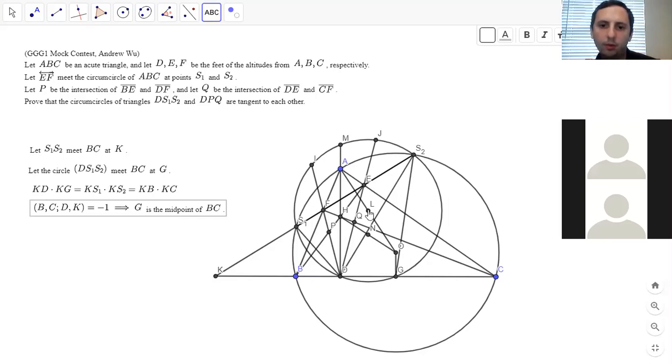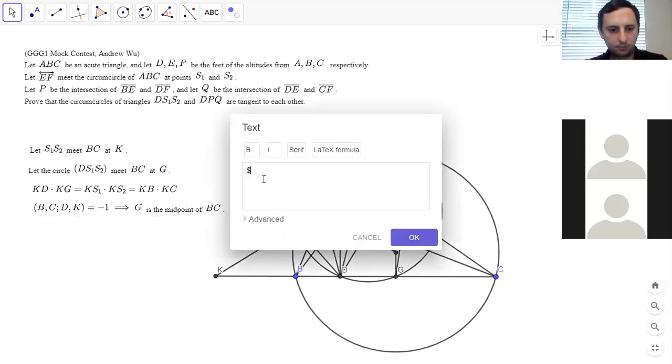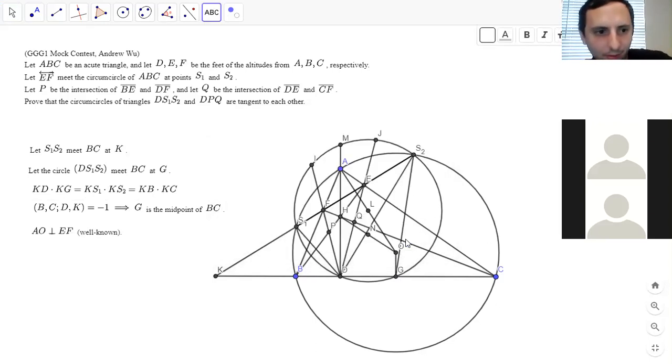So AO is perpendicular to EF, that's well known, and then AS1 equals AS2. I proved it on my channel. I've done so much on my channel, it's hard to remember.